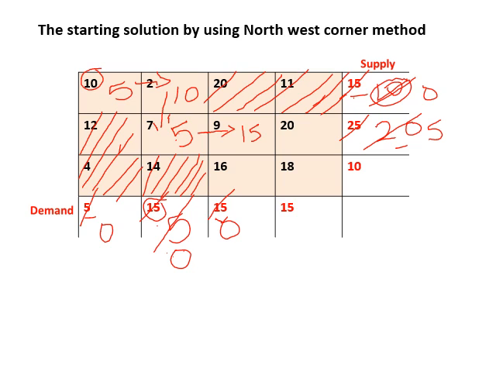Now this destination is also closed because we don't have any more amount to be shipped, and we will go to this cell because the cell is open and we have 5 left for shipping in this row. This cell is the intersection between the 15 quantity and 5 quantity. We will take the least one, which is 5. Here we put 5, so the value becomes 0 and 15 becomes 10.